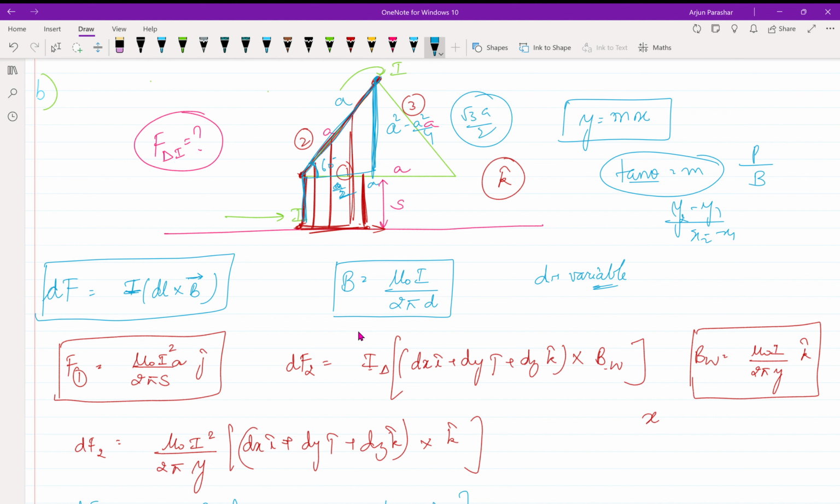The base is a by 2. So theta here is 60 degrees, and the slope m is root 3. We have done this to find the equation. So the equation is root 3 x is equal to y.